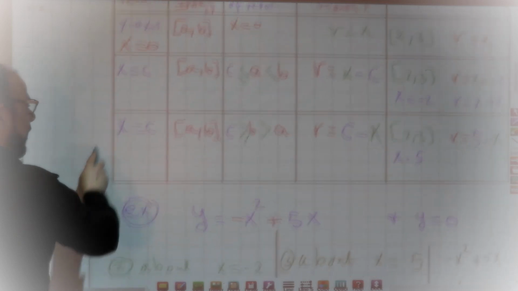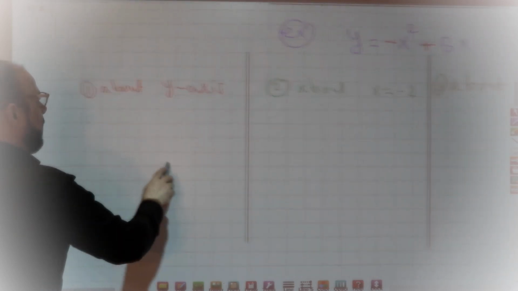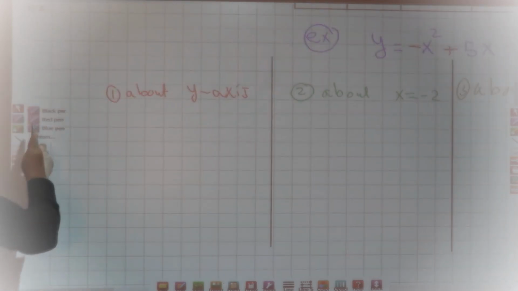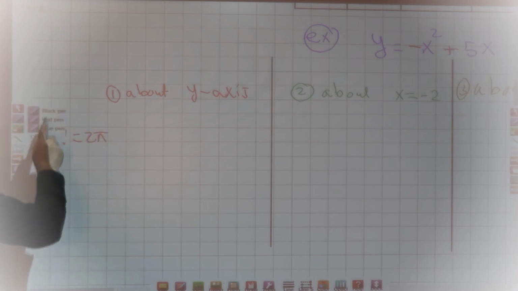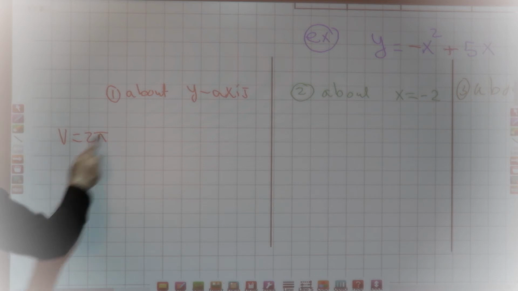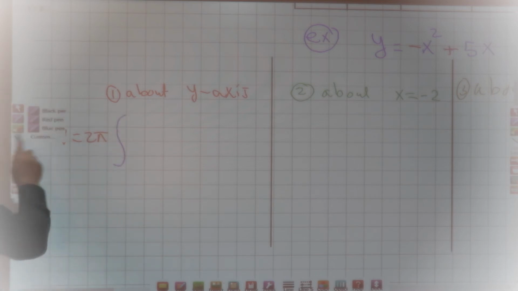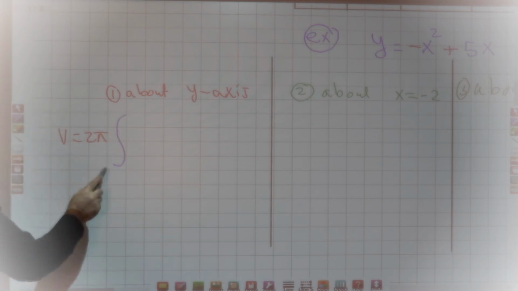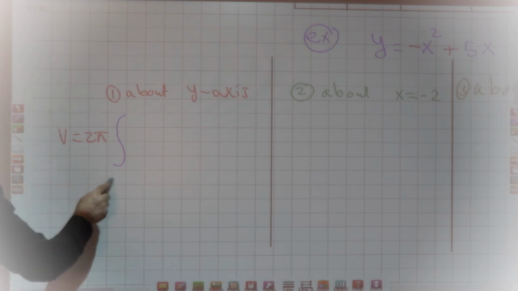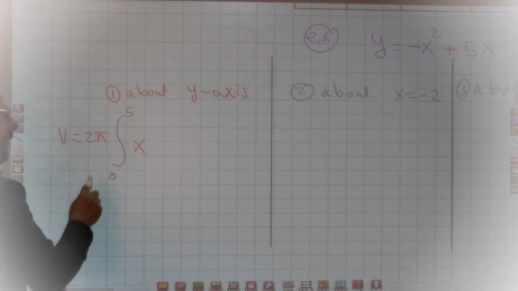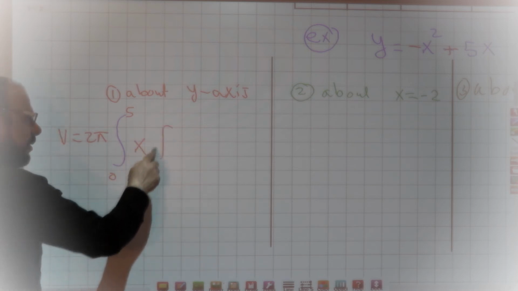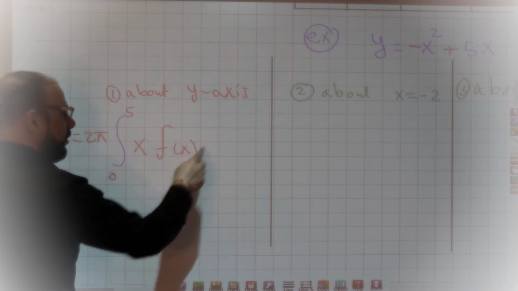My radius is x, and the formula, I wish everyone remembered it from the last time, but I'm going to write it. V equals 2 pi, right? From my limits of integration 0 to 5, right? And the radius of revolution is x, f of x dx.